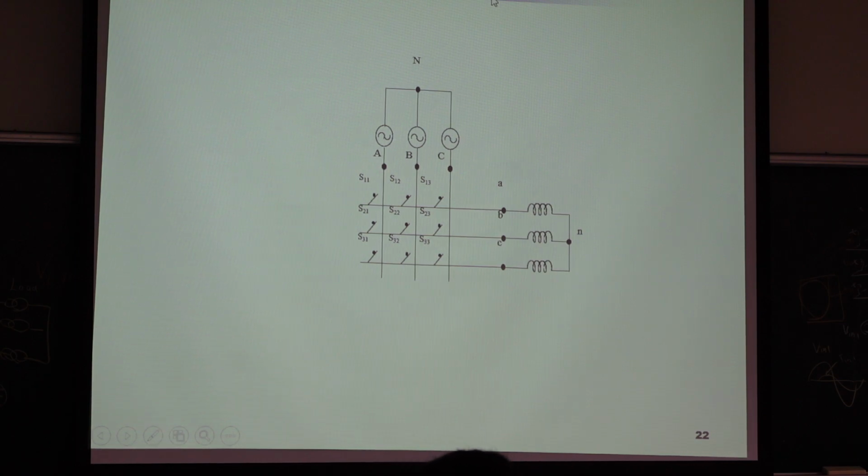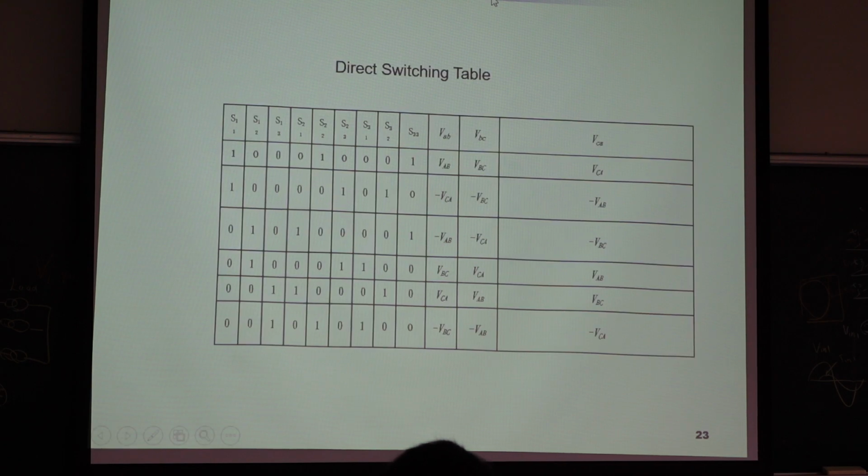So we will discuss later. So we have another modulation method. So how many patterns do we have? So this is direct switch. Direct switch, how many switches? So we have 1, 2, 3, 4, 5, 6. So the switching table is only 6.